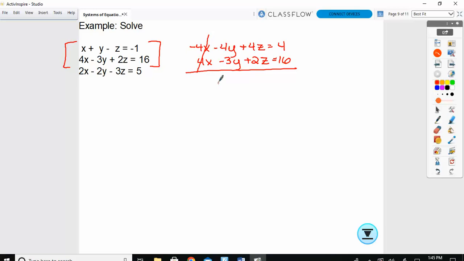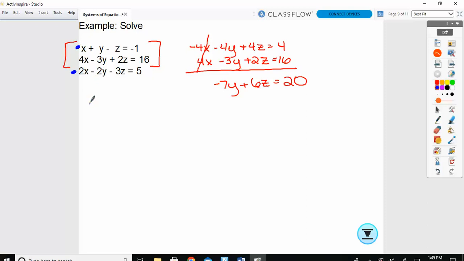Okay, so I'm going to add this together. I have -7y plus 6z equals 20. So I haven't gotten an answer yet, but we're on the right track. We eliminated X that time. We have not used the third equation yet. So now I have to take the third equation, one of the other 2, and eliminate X again. So which one do you want to put it with? First one?